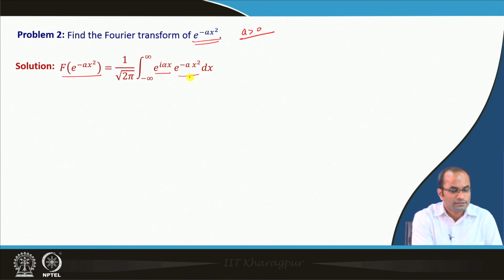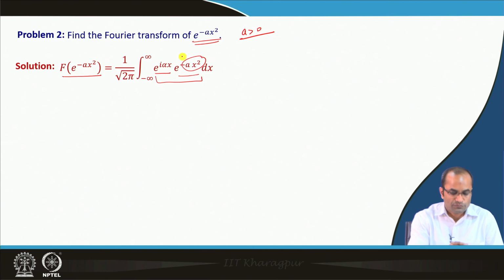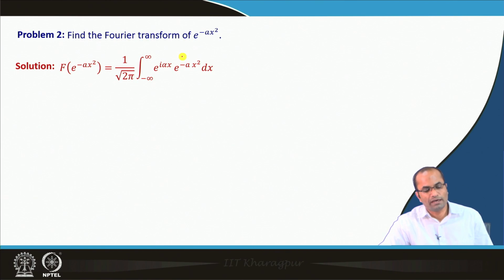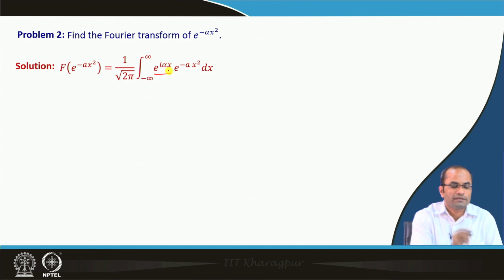In this case things are a bit more complicated because of this minus a x square. It is not a simple integration anymore, but we have to think how to deal with such a situation where we have one exponential function e power minus a x square, and the other one is already there because of the definition, e power i alpha x.